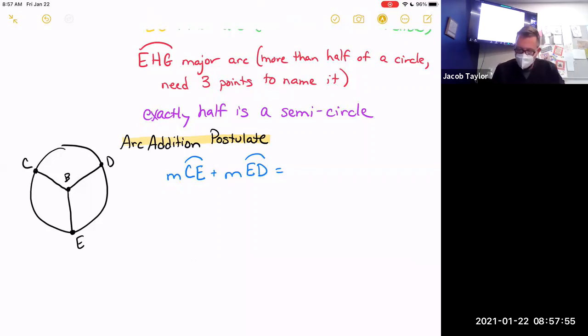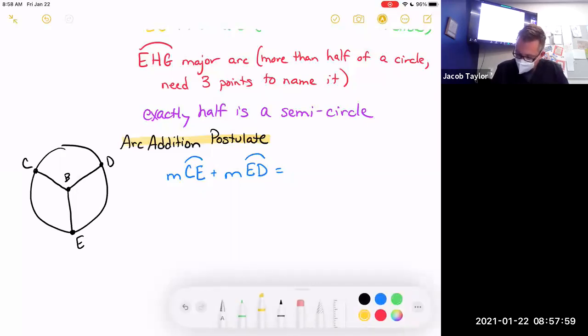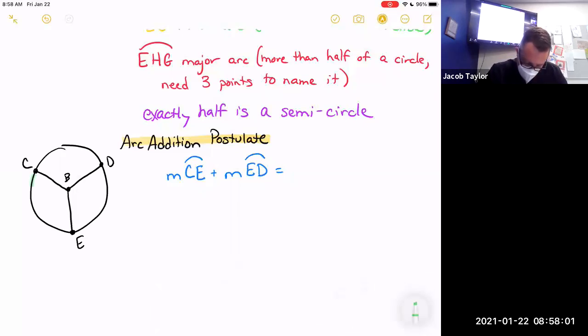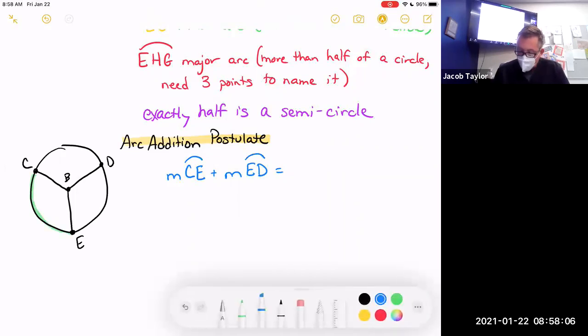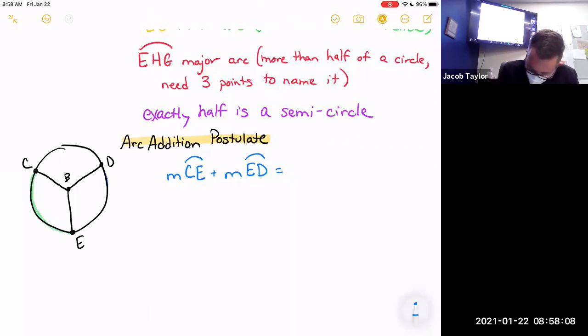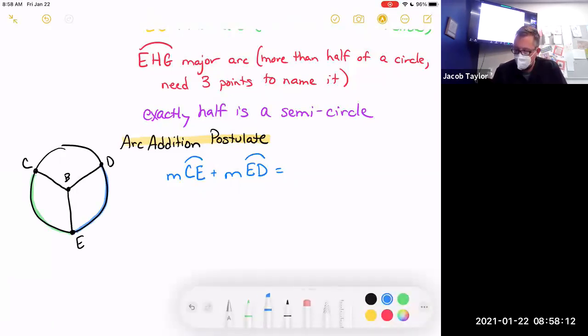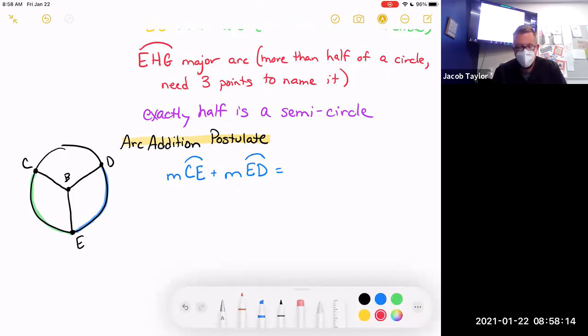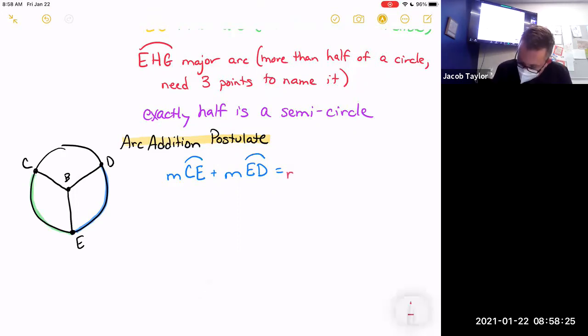Now, arc CE, which is a minor arc, is this guy. Arc ED, also a minor arc, is this guy. If you had to guess, and you do because I haven't told you how to do this, what would you say is the sum of those two arcs? CED, very good.